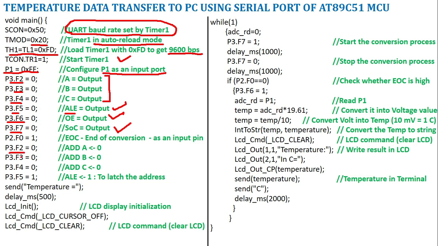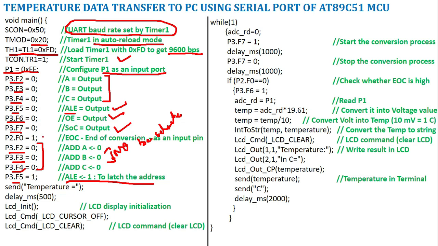Port 3.2, 3.3 and 3.4 are set with an address of 000, which indicates IN0 will be selected. To indicate this is an address, we make 3.5, which is the ALE bit, set to 1.